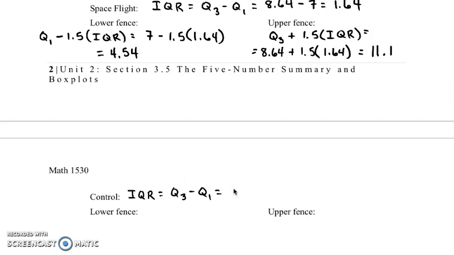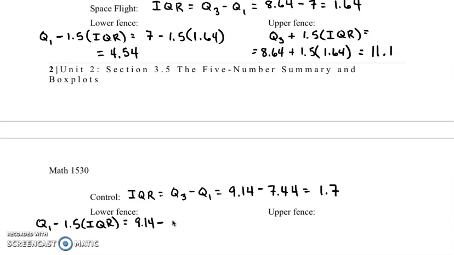So our Q3 for the control group is 9.14, and we're going to subtract Q1, which is 7.44, and that gives us 1.7. For the lower fence, it's Q1 minus 1.5 times the interquartile range.